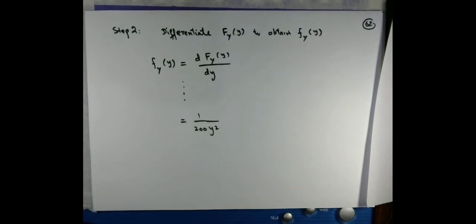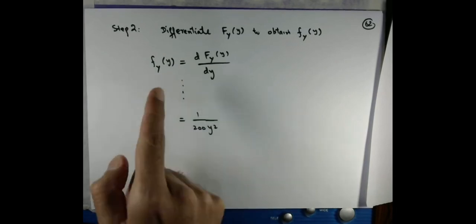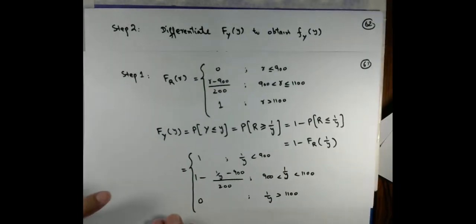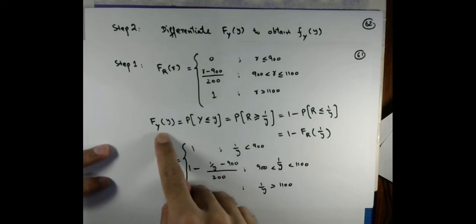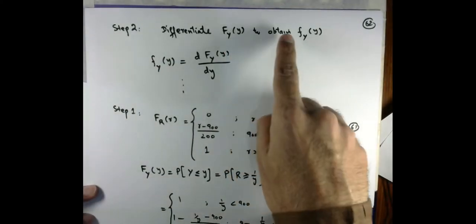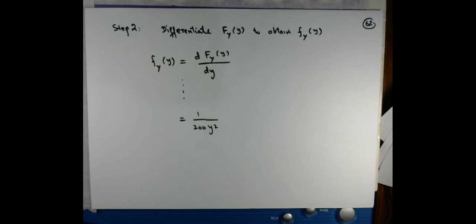So you see how we are able to easily find the probability distribution of the derived random variable y from the distribution of the parent random variable r by applying the two-step procedure. First we find the CDF of the derived random variable, and then we differentiate that CDF to obtain the PDF or the probability distribution of the derived random variable.